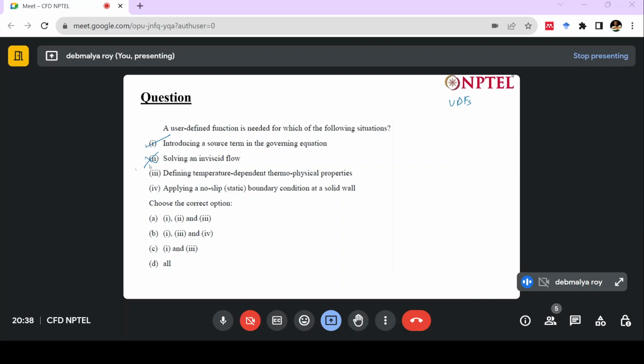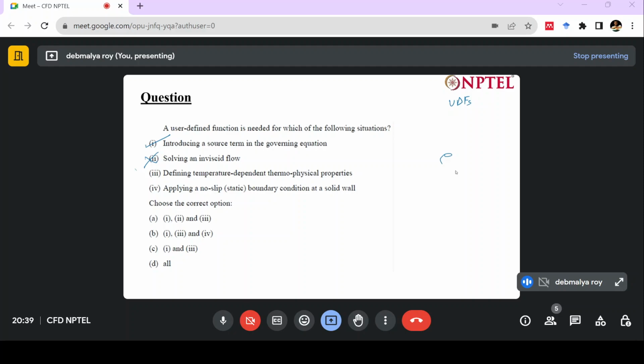Defining temperature-dependent thermophysical properties. Yes, for this also, for example, your density is actually changing with your temperature. So you want to incorporate that into your governing equations. Let's say you are solving Navier-Stokes as well as the energy transport equation for the temperature, but you want to link your temperature with the density, such that your density changes when your temperature changes.